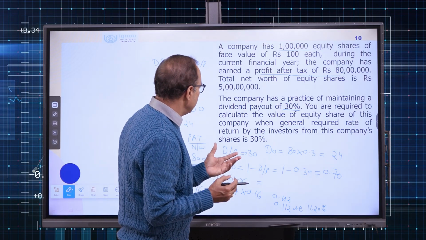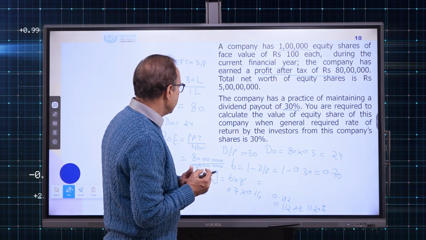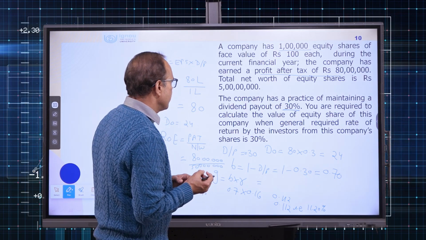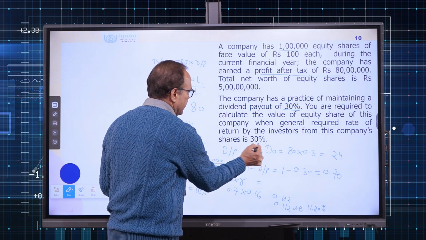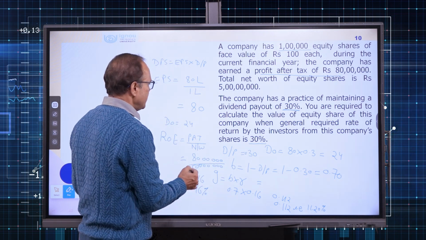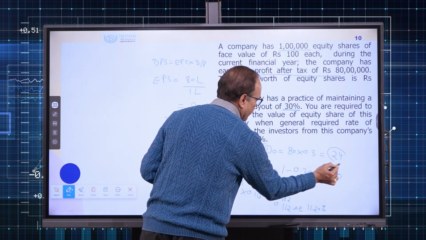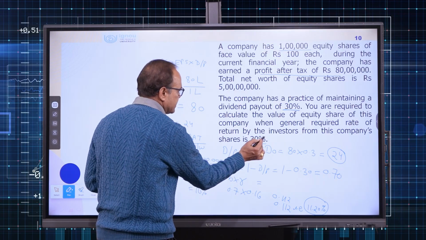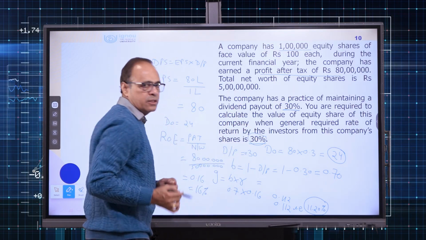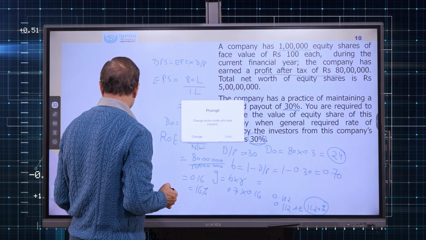Now, if we are given the investor's required rate of return, then we can further work out the things. The investor is expecting 30%. So, remember, D0 we have 24, constant growth is 11.2%, and the investor is expecting 30% return. We can work out the price of the share.